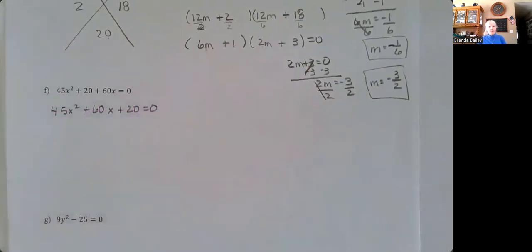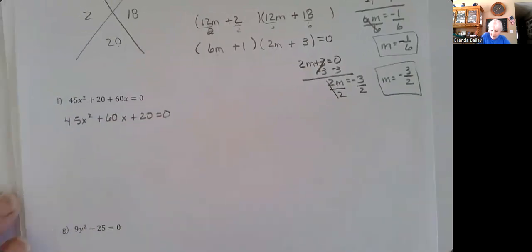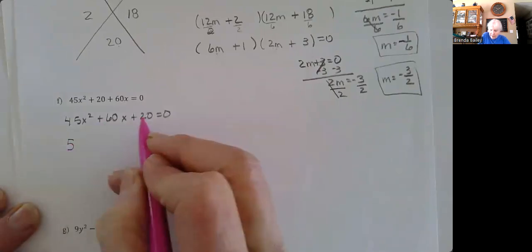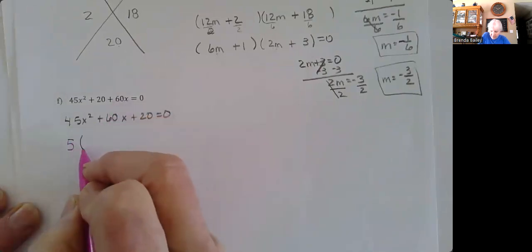Greatest common factor. Well, since they end in 0 and 5, I know that 5 will go into all of those evenly. So we'll go ahead and divide them by 5. We may look at it and say, wow, there's another number. So we'll just go ahead and divide by 5. And the 20 doesn't have an x, so it's just 5.